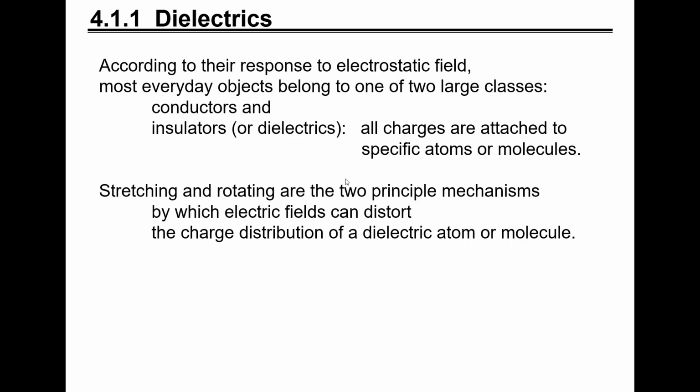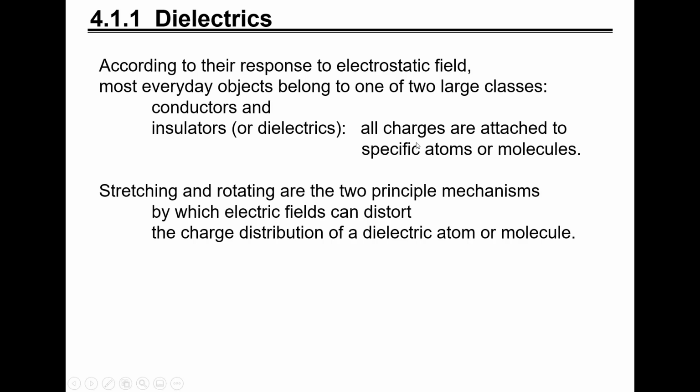Conductors are materials that contain a limited supply of charges that are free to move about through the material. These charges are electrons that are free to move. While in dielectrics, all charges are bound and can only move a bit within the atom or molecule.